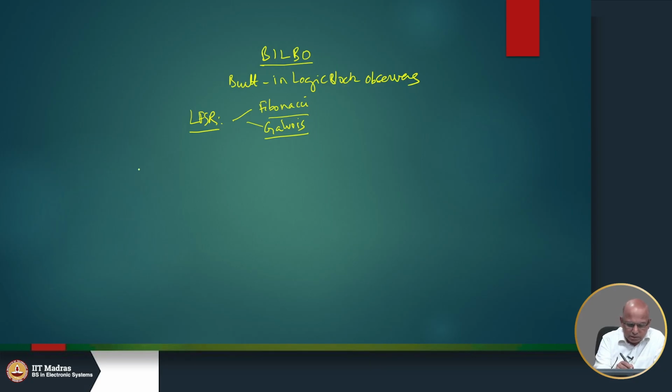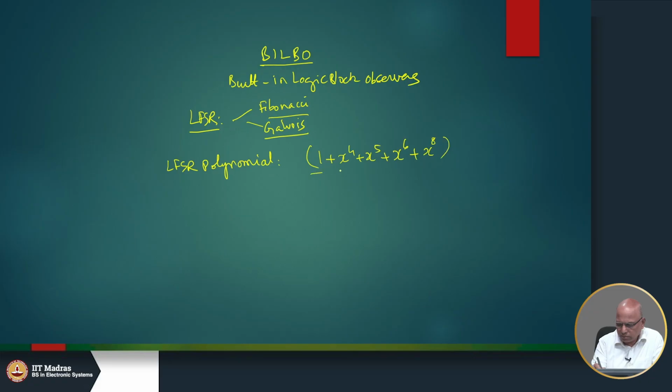So, remember, we talked about this LFSR polynomial we had considered, which was 1 plus x power 4 plus x power 5 plus x power 6 plus x power 8. And if we want to write the Fibonacci one, this is how we had done it.